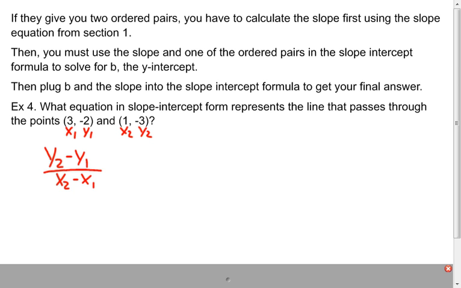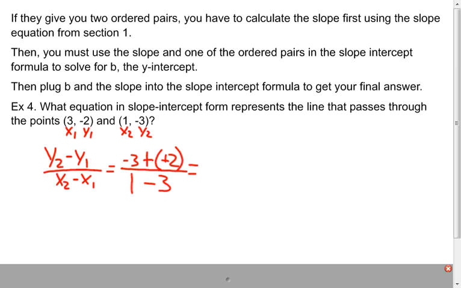Plug these in. y2 is negative 3. y1 is negative 2, so I have to be careful with negative signs because it's minus in the middle, and then my number is also a negative. Now I do x2 minus x1, and I have to do the math.